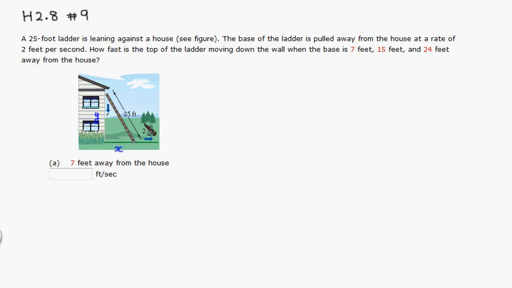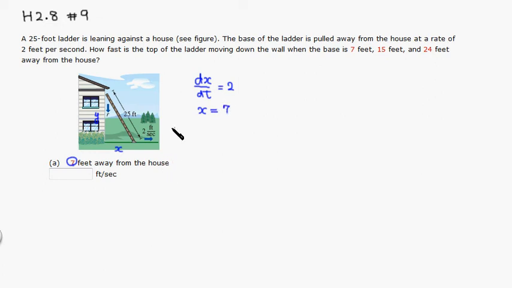So one of the given values is dx over dt, which is 2. Also, when the base is 7 feet away from the house, that's the x value, so x is 7.